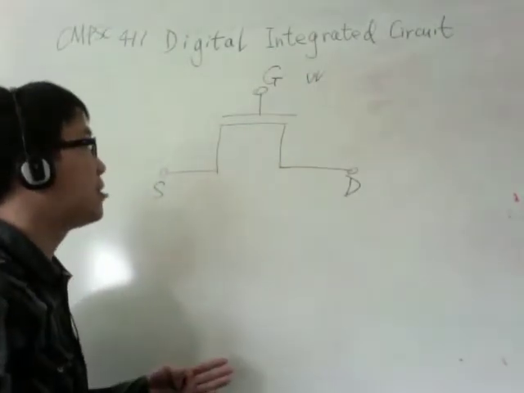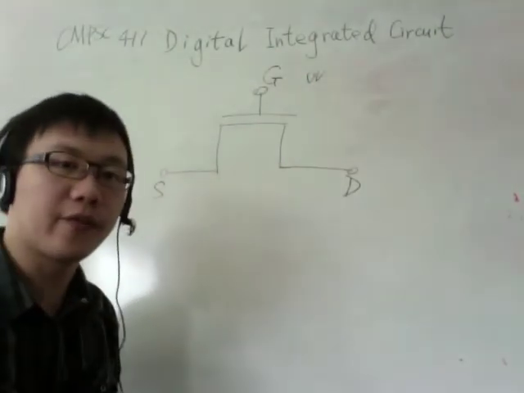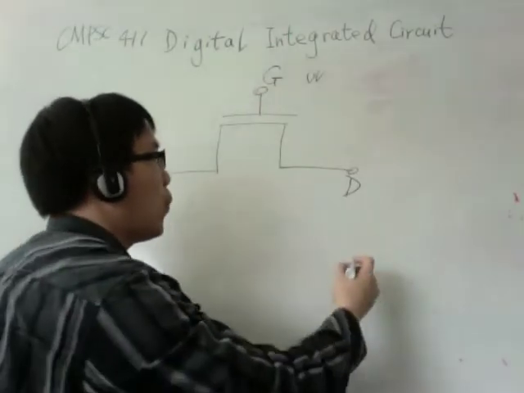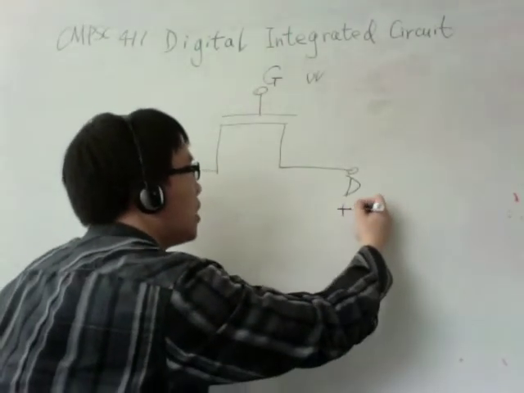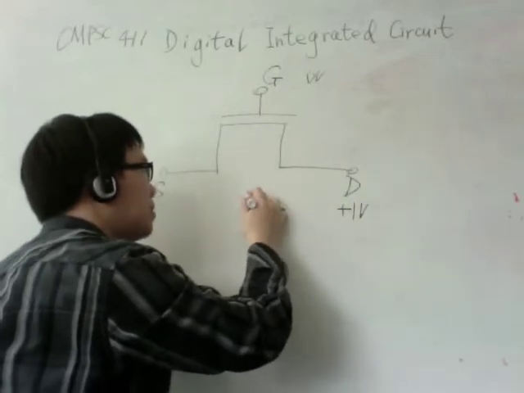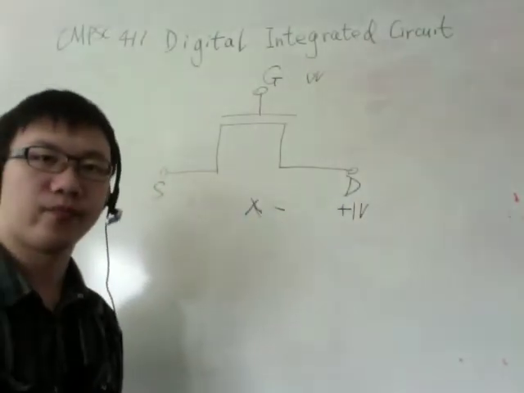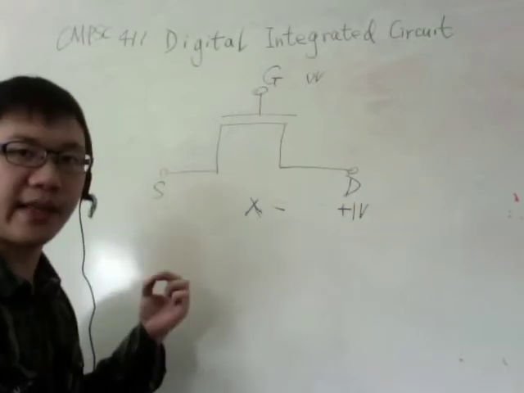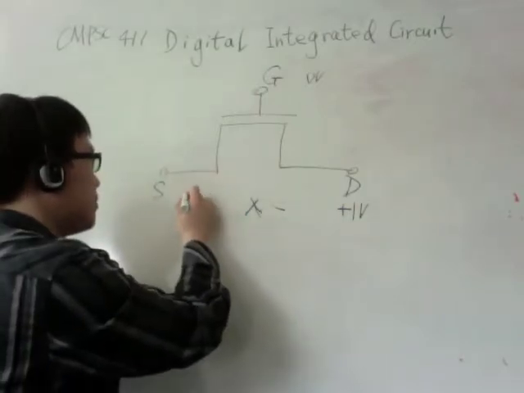In that case, the transistor is off. That means when you apply a voltage on the drain, the current cannot pass through the transistor, and we define the state as zero.